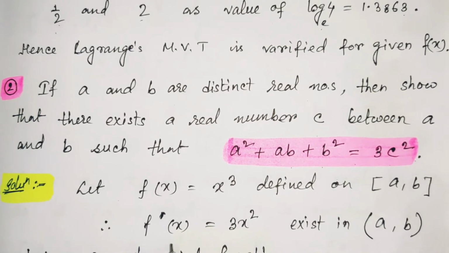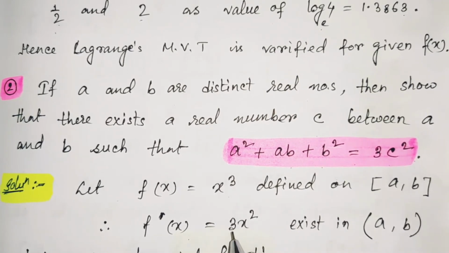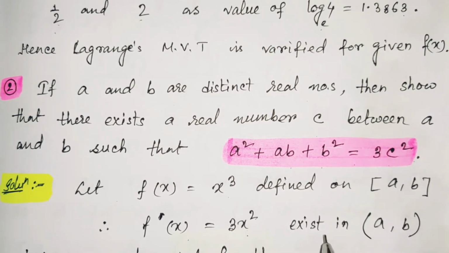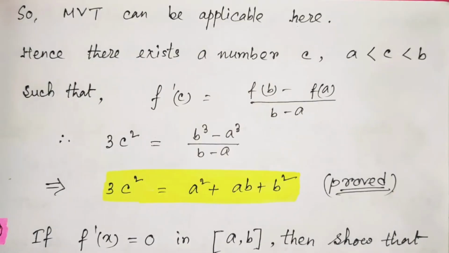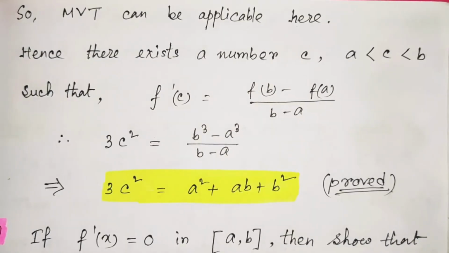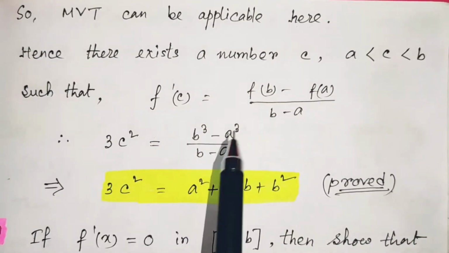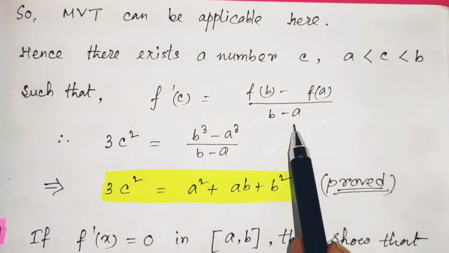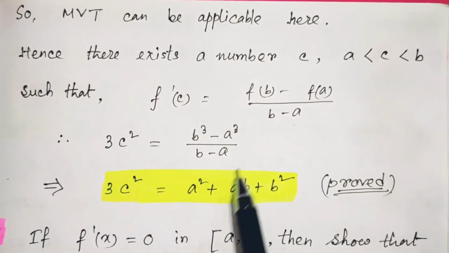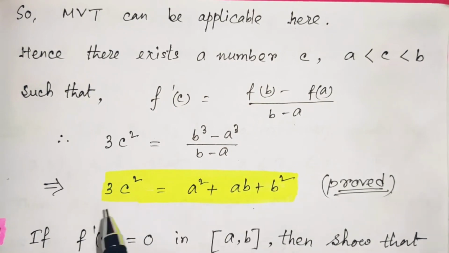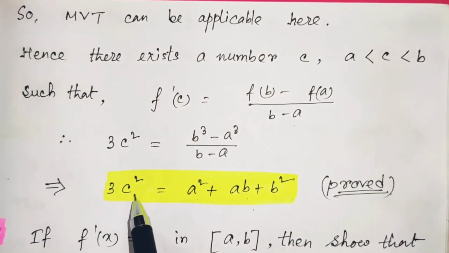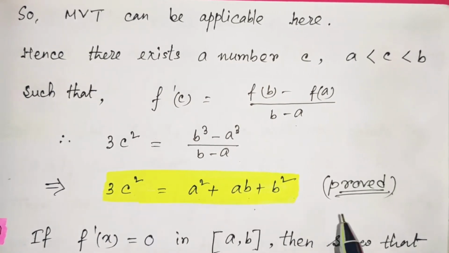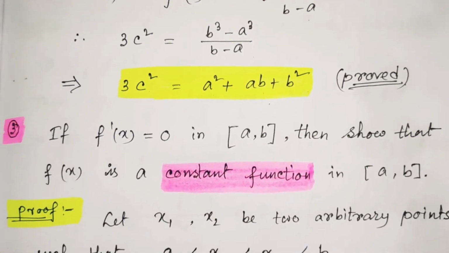After that, if we take the derivative of this function, then it is 3x square. This is a polynomial function, so it exists within the range a and b. Now we can apply the mean value theorem here. If we apply it, this is the formula, and if we substitute and simplify, then we will get a square plus ab plus b square equals 3c square, which is our required proof. Hence the proof.